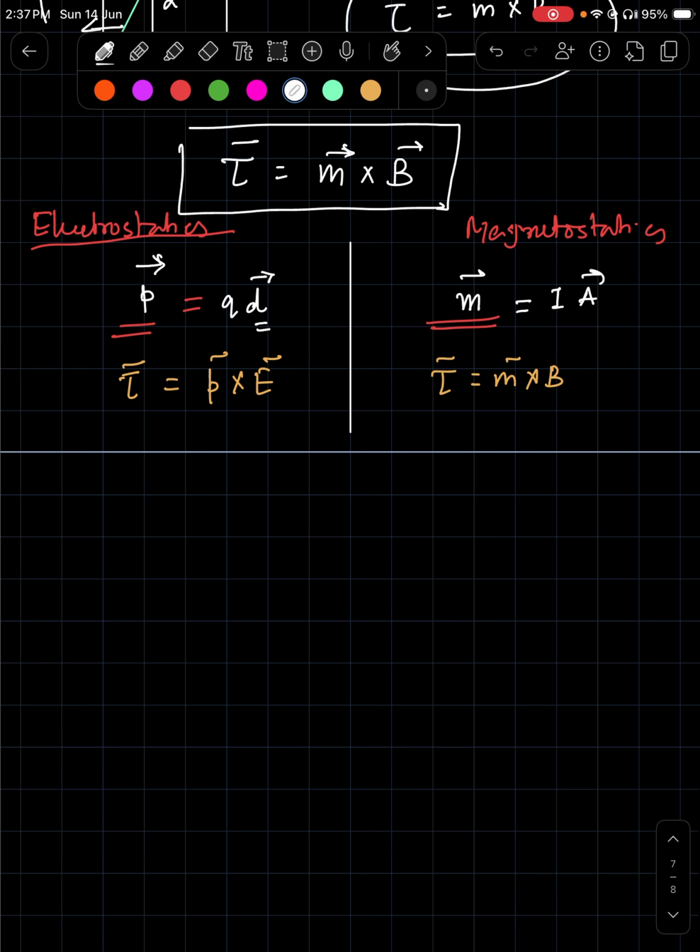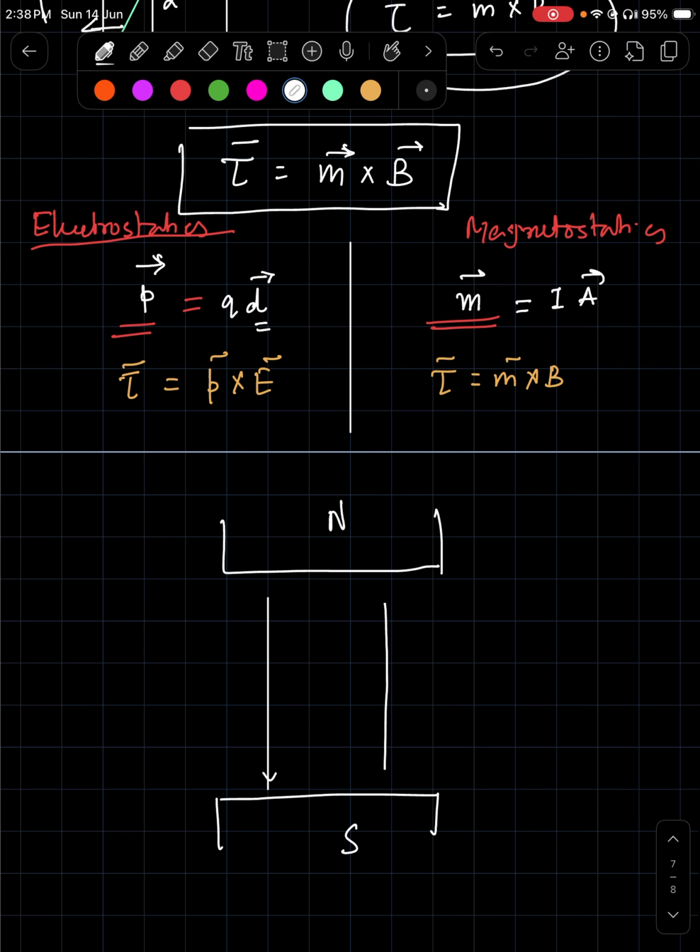Suppose that there is a magnetic field, magnetic poles N and S, and those are the magnetic field lines, and a disk is now placed here.